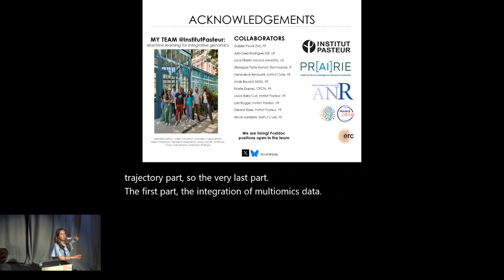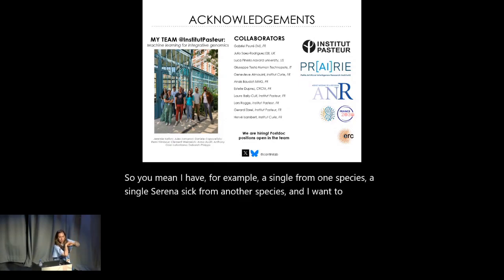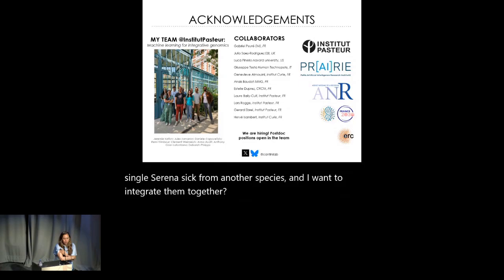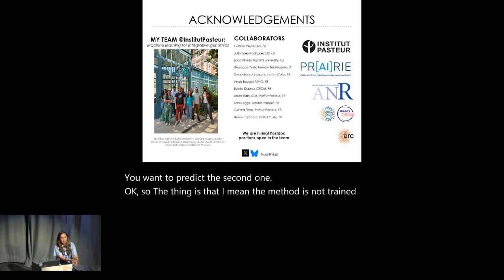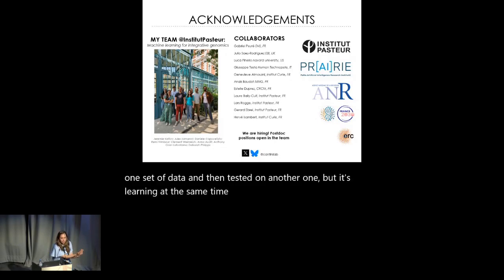So you mean I have, for example, a single cell RNA-seq data set from one species and a single cell RNA-seq from another species, and I want to integrate them together. Or the cell type that you held out and you want to make a prediction of that cell type that you have not trained on. Okay, so the method is not trained on one set of data and then tested on another one, but it's learning at the same time how these data should be related to each other.